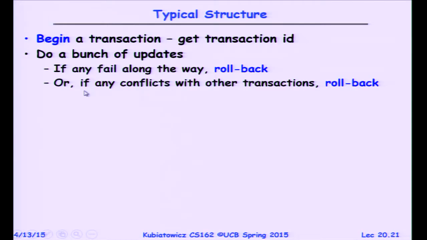Or if there's any conflict with an ongoing transaction, you also can undo. And then finally, if you get all the way to the end, you try to commit, and it may or may not commit, but if it does, then you know that things happened atomically. So the key idea here is that all of the things that you're doing in the middle either happen entirely or not at all. That's the key.